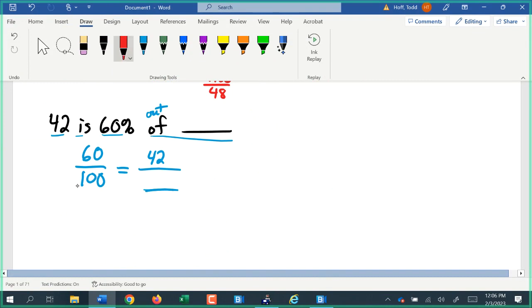We find the two numbers that are diagonal. In this case, it's the 100 and the 42. The 100 times 42 is 4,200. And then the number that's diagonal to our missing number is the 60, so we divide by 60, giving us 70. 42 is 60% of 70.